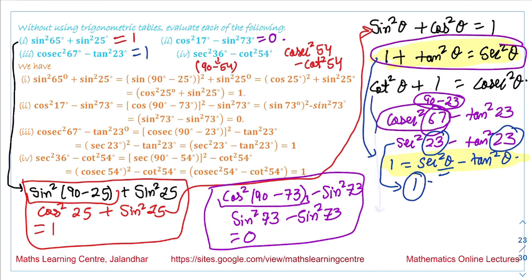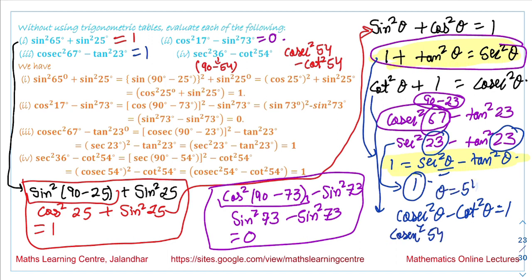Now look at this identity: cosecant square theta minus cot square theta is equal to 1. It means cosecant square 54, writing 54 in place of theta, minus cot square 54, the answer we are getting is 1. So the answer for this fourth expression is equal to 1.